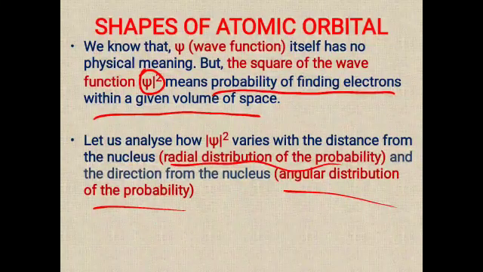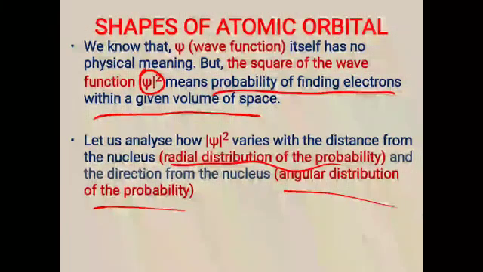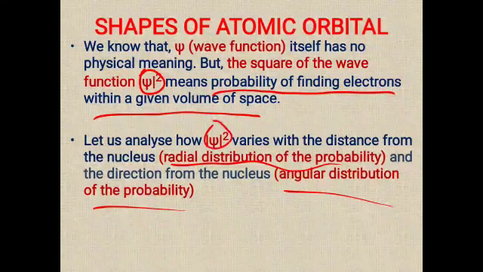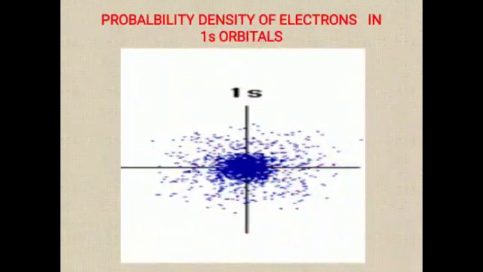For example, the 1s orbital will be discussed separately, then 2s, 2p, 3s, 3p, and in such a way we will be discussing. At that time, we can see how the psi square value varies as the distance and the angle between the electron and the nucleus differ. Okay, now let us come to the 1s orbital.